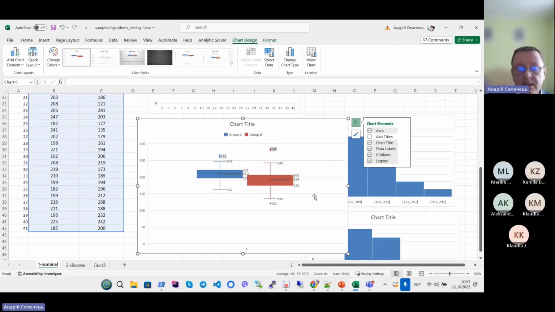As you can see, we have the expected maximum and minimum with this whisker. We have outliers, maximum and minimum value, our interquartile range, and we have the median.